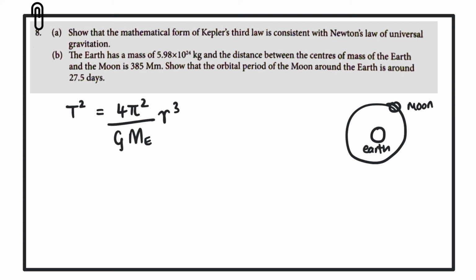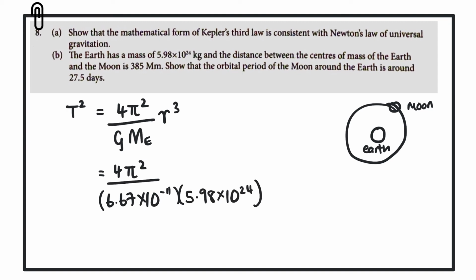So our equation is already in the form of t equals, so now it's a matter of putting the values into that equation. We have 4 pi squared over G, which is 6.67 by 10 to the minus 11. That value is given to you on a data sheet. Multiplied by the mass of the earth, which coming from the question is 5.98 by 10 to the 24.